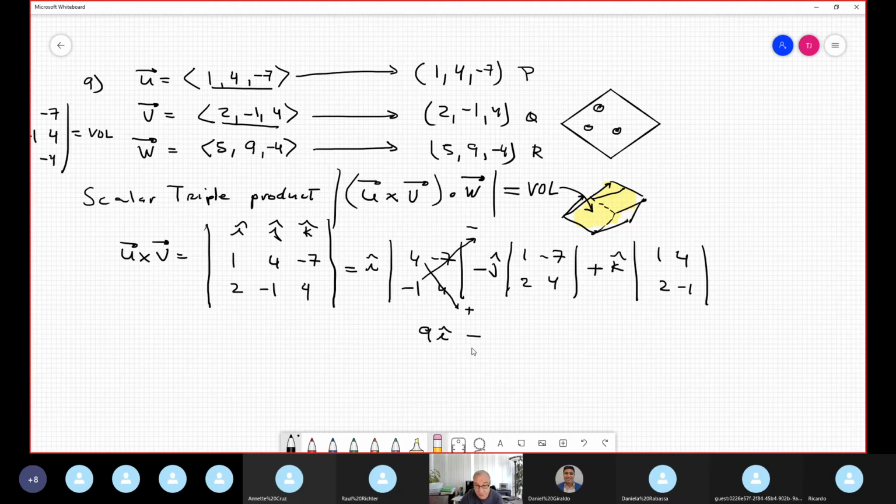Minus, well, this is 4. And this is 14, no? 14, but the double minus becomes positive, so it's 18. But this negative stays. And 18j. And in this case it's -1, and this case is -8.